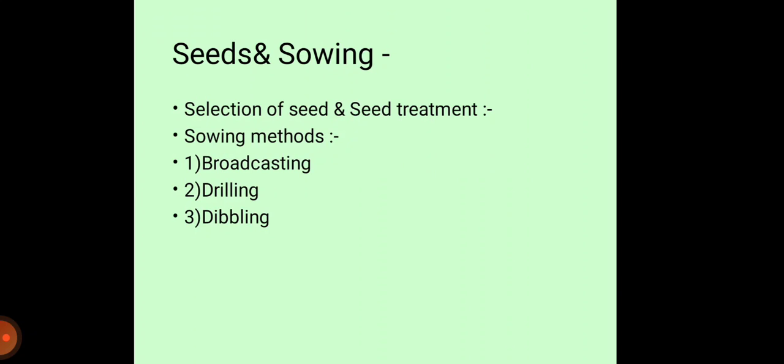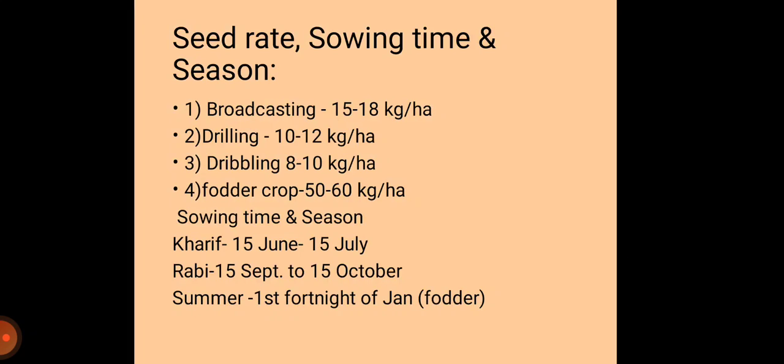Then sowing methods: broadcasting, drilling, and dibbling are the three different sowing methods used for sowing sorghum. Then we discuss the seed rate, sowing time and season.